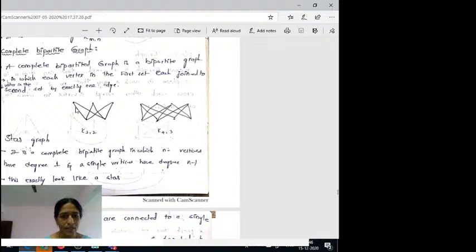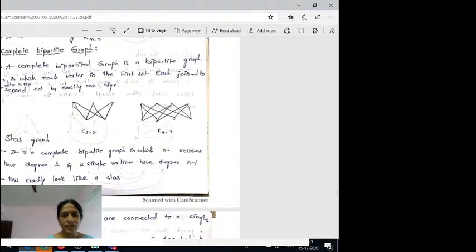That means each and every vertex in one set is adjacent to the other set of vertices, then we can call it a complete bipartite graph. Suppose in this set 3 vertices are there and here 2 vertices are there, that's why it is represented K3,2.